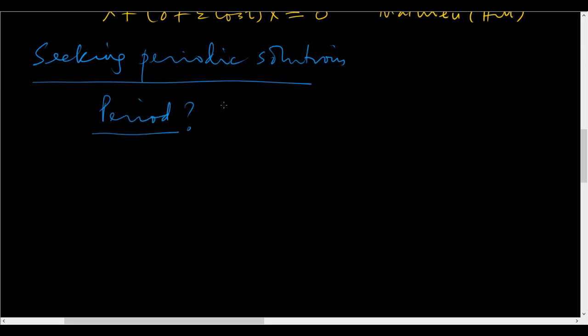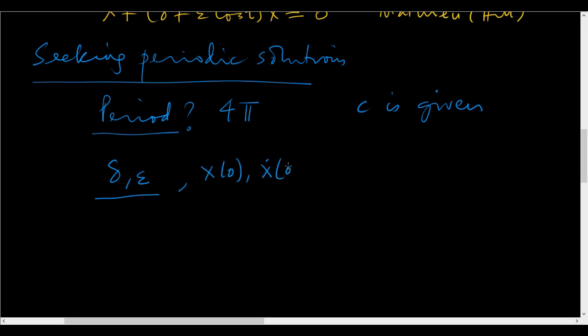Let us say 4 pi. Then both cases are covered. Okay. Now we need to know delta and epsilon. C is given. And we need to know x of 0, x dot of 0. Okay. So we need to know 4 things, so that when we integrate to 4 pi, we get x of 4 pi equals x of 0.